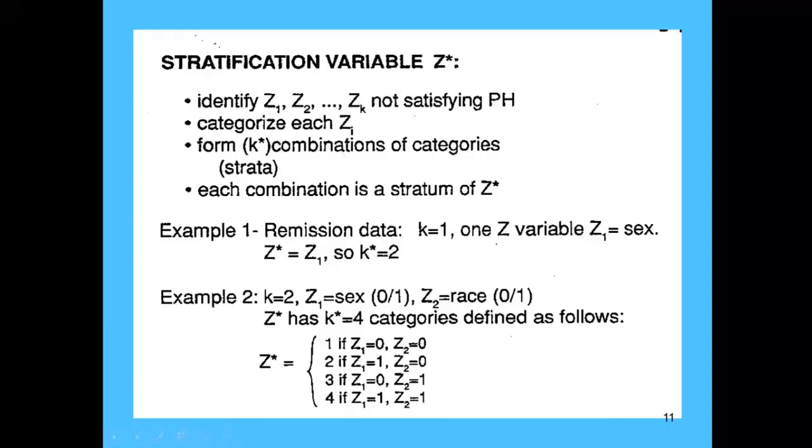If you had sex and race in two categories each, making it easier, then Z star would be a 4-category new variable that would combine the two. You'd be stratifying on race and sex or on the variable Z star, which has 4 categories. So two ways to say the same thing.